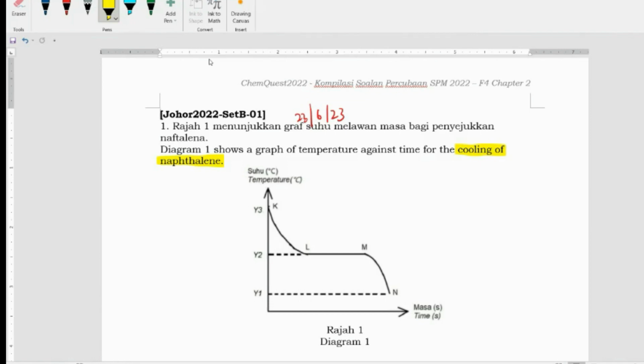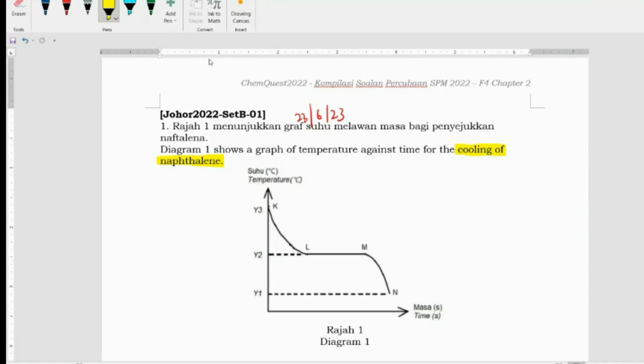So class, before we look into the question, which one is the freezing point, class? Anyone? Which one is the freezing point? Siapa boleh jawab? Manakah takat beku dia?